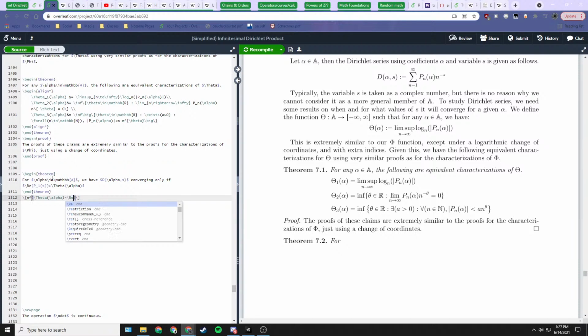minus the real part of s, and this will converge when these are okay, I got it.